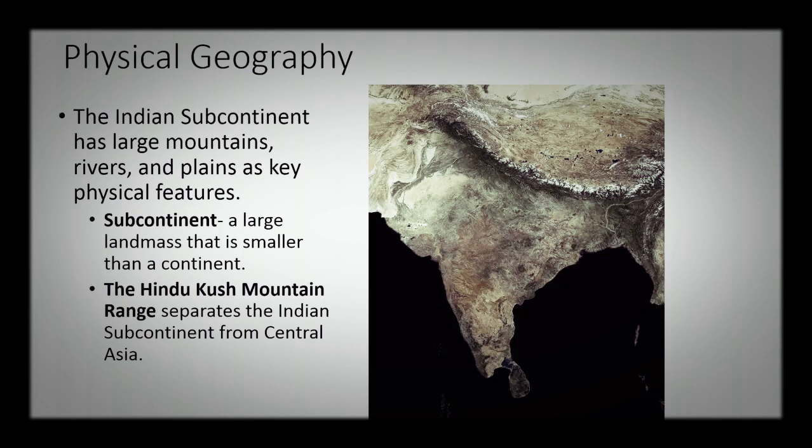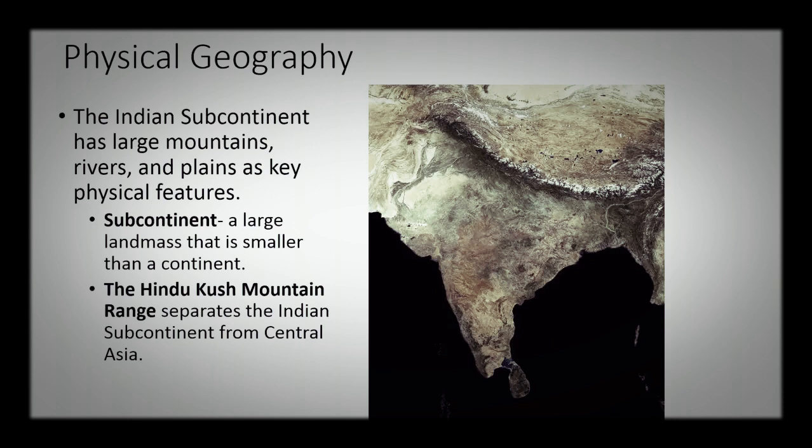The Indian subcontinent is located on a completely separate tectonic plate than the rest of Asia. And thousands and thousands of years ago, when these plates were moving without any humans to worry about, the plate that carried the Indian subcontinent collided with the plate that carries Asia. And the Indian subcontinent joined the continent of Asia.